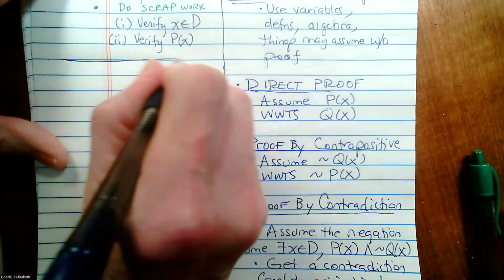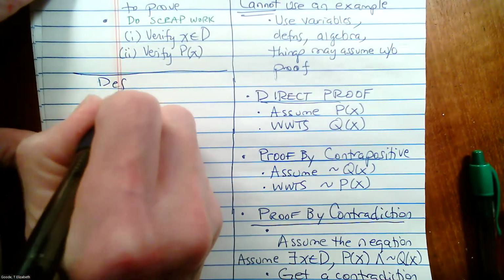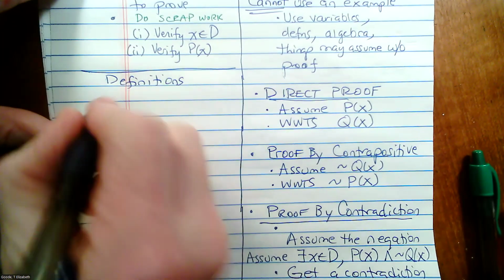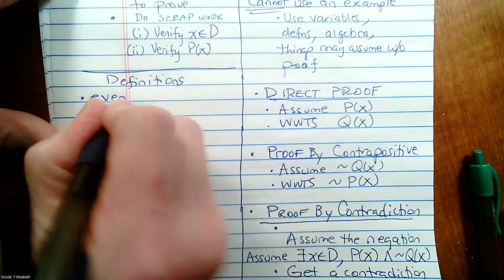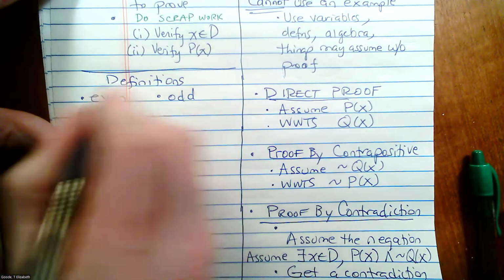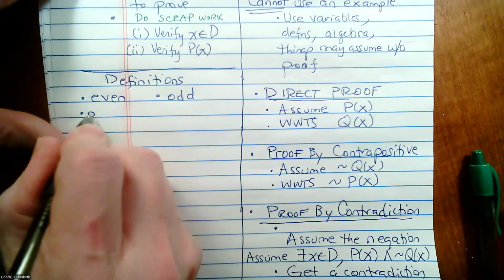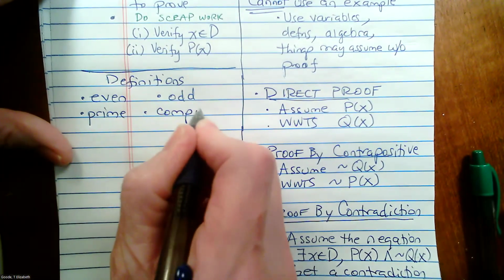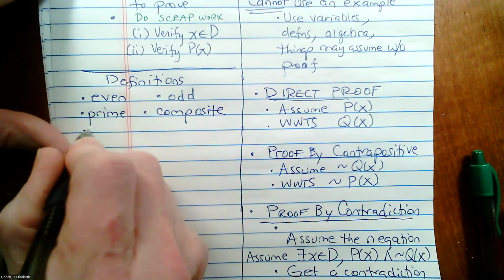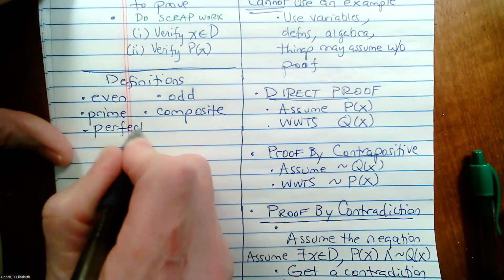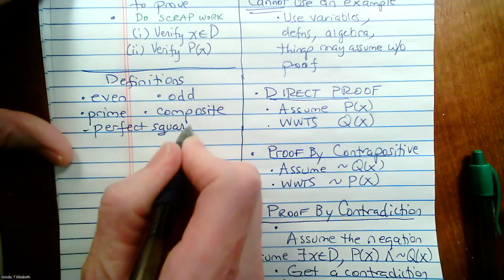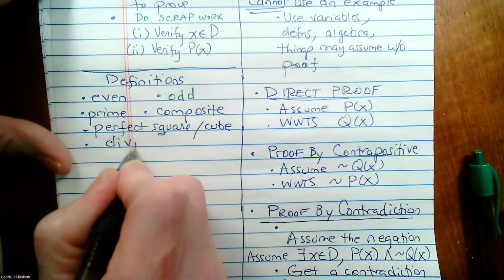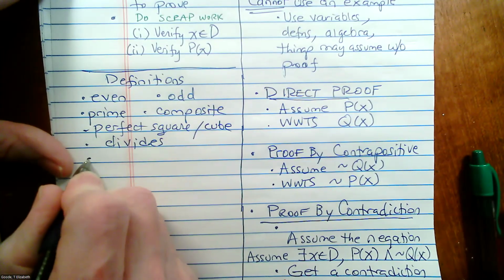And the definitions that we need for both kinds of proof, let's just go through our list of definitions. We learned even and odd, prime and composite, and perfect square and perfect cube. And we learned divides, and mod.